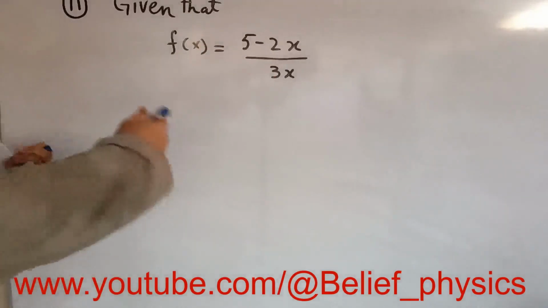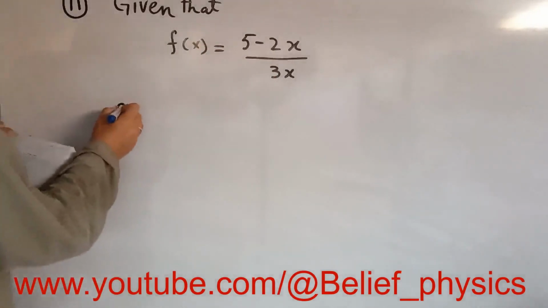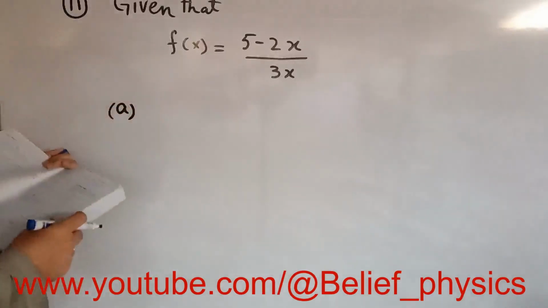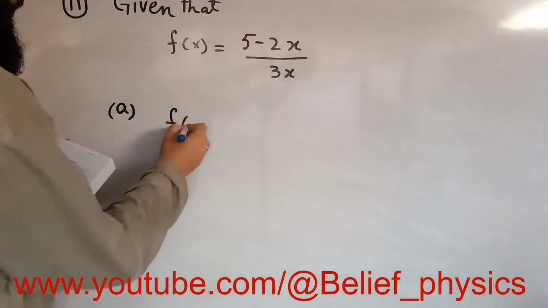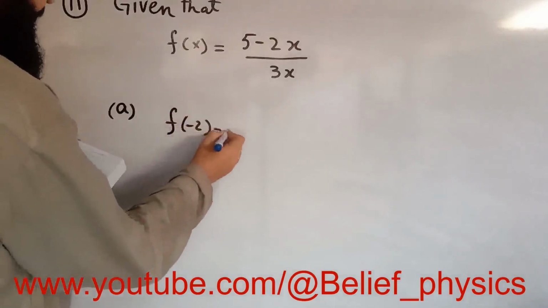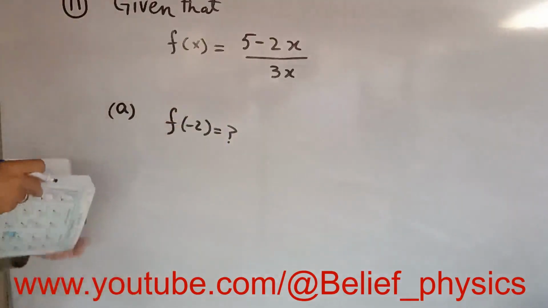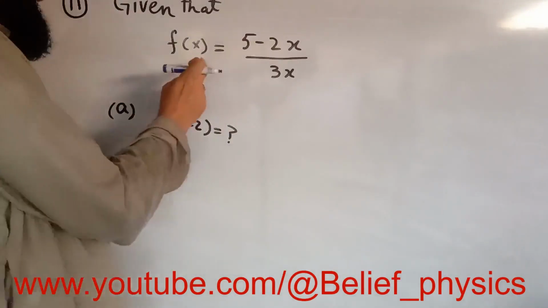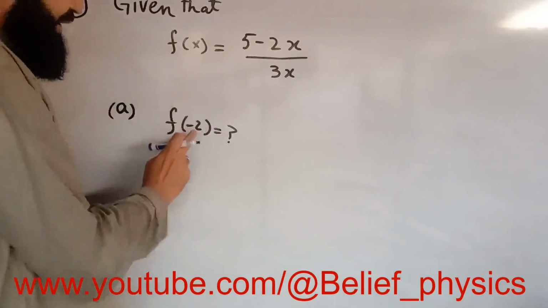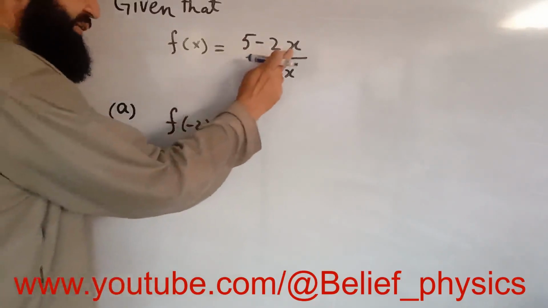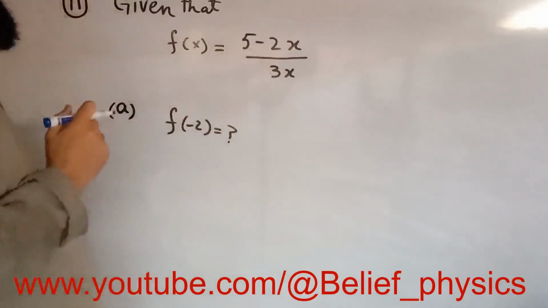And a part है, we have to find f of minus 2. We have to find the value of this function when x is equal to minus 2. Here is x, here is minus 2.